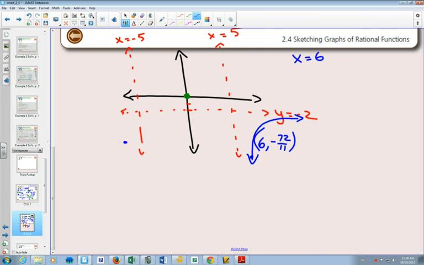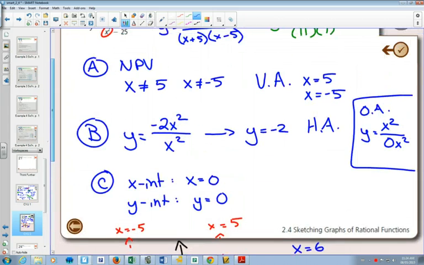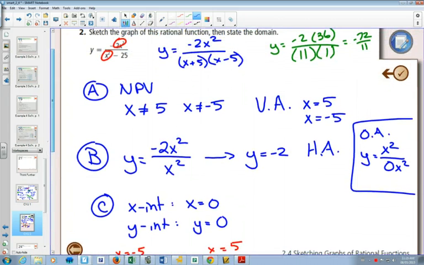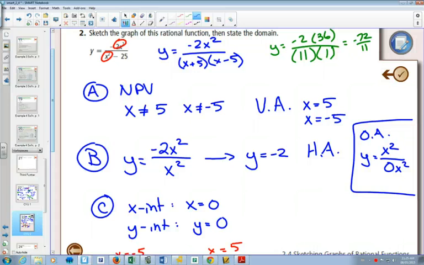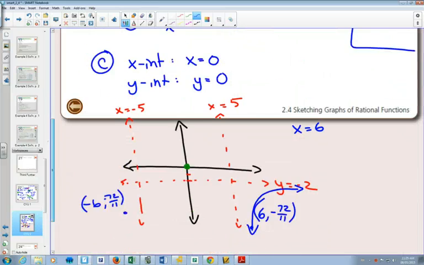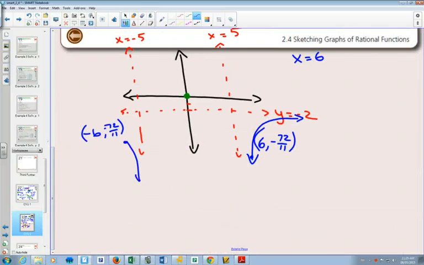Plugging in -6, because we're dealing with symmetry here, you'd get the exact same thing. Let me just check up here. Yes, because you'd have -1 and -11 on the bottom. And so this section would also look like that.